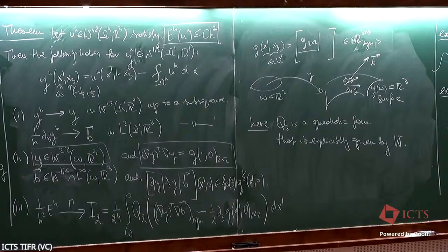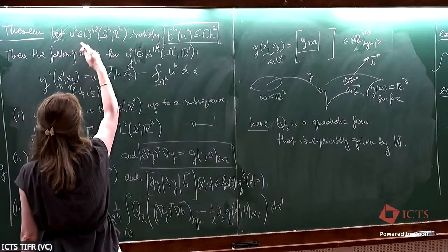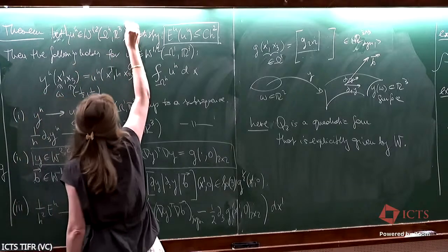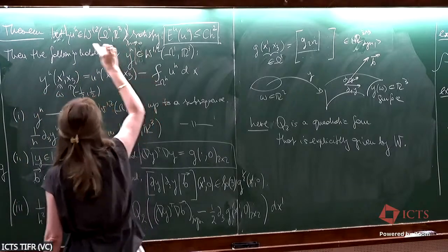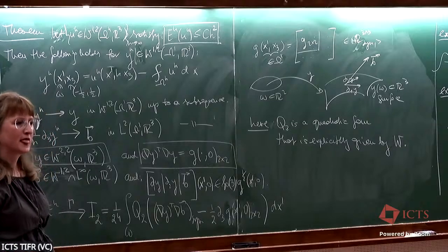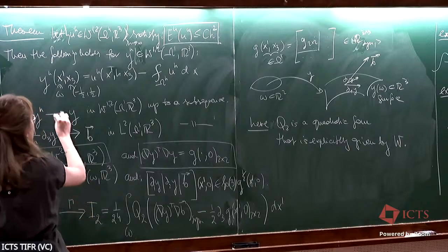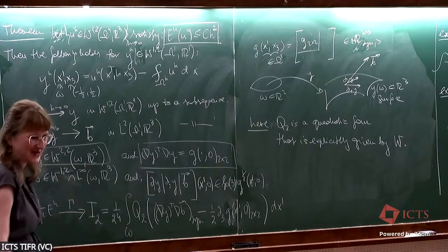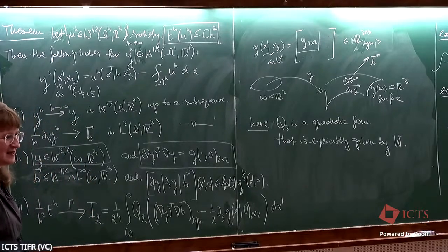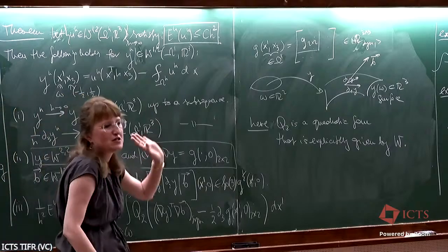Okay? So as h goes to 0, for each h, I have a u^h. And then all the convergences are in terms of h, when h goes to 0, of course. Up to a subsequence.